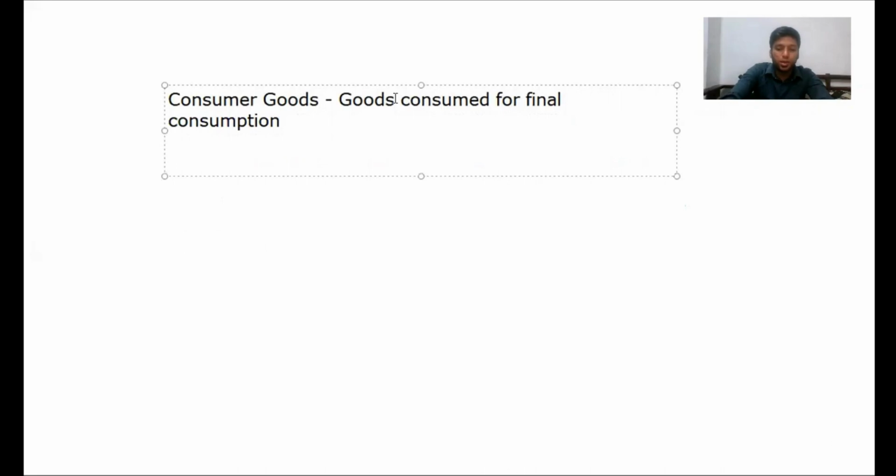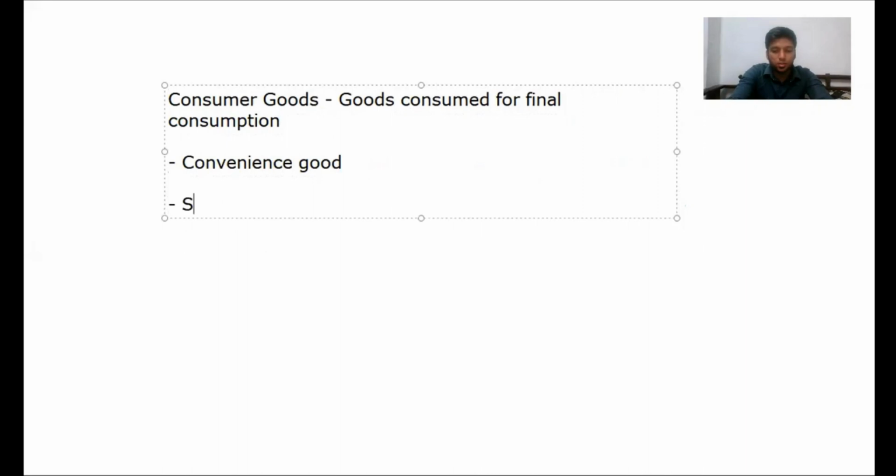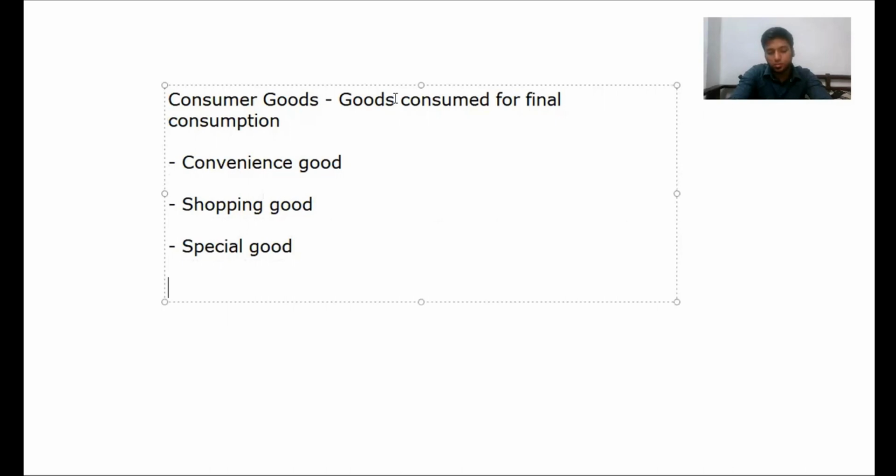So consumer goods are divided into four: convenience goods, or you can say shopping goods, special goods, and finally unsought goods. So you need to know these terms very clearly when you're learning.